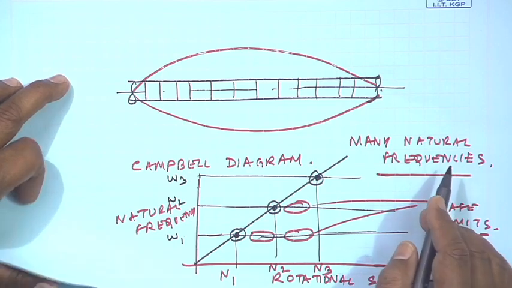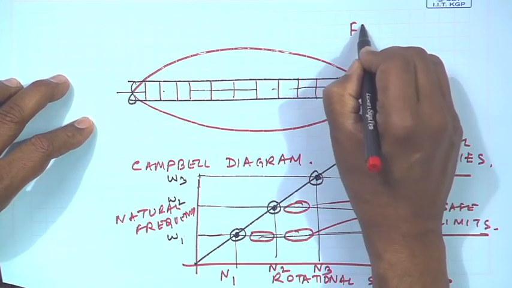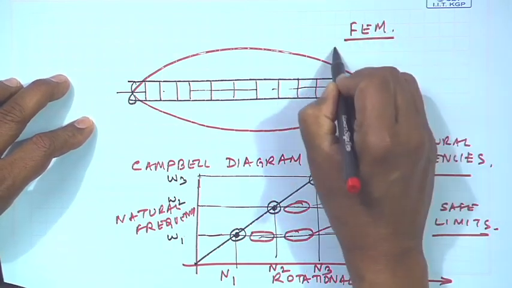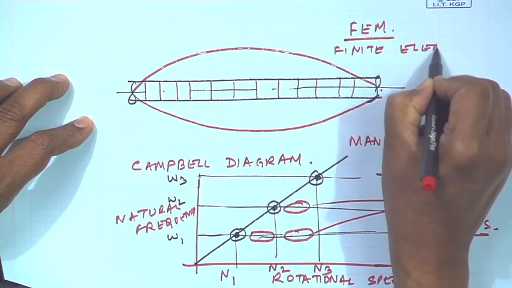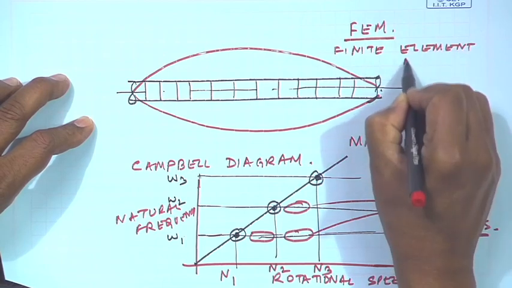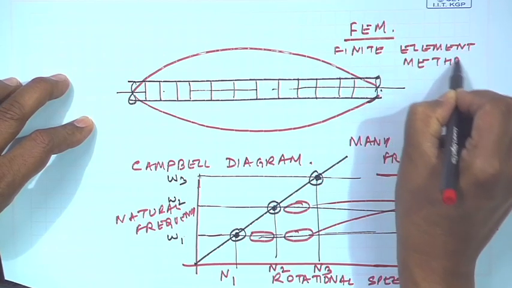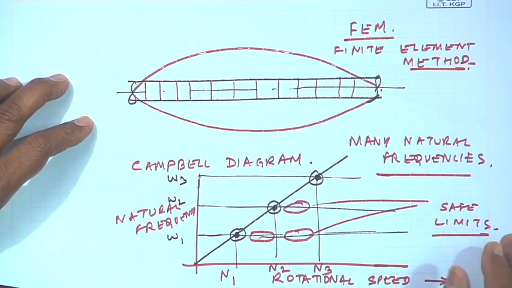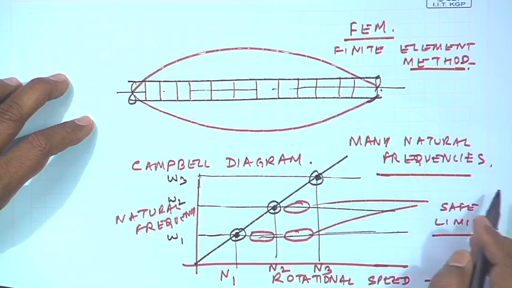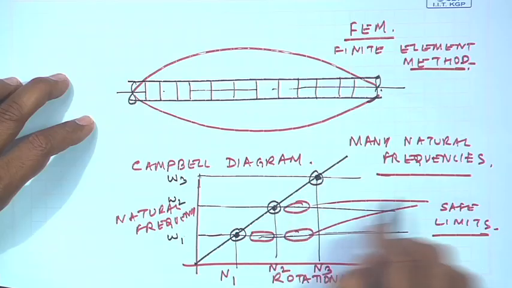In fact, how can you do that? People use the standard techniques of finite element methods to analyze such systems, because we obviously cannot make such an analysis by physically constructing a shaft and going through this.